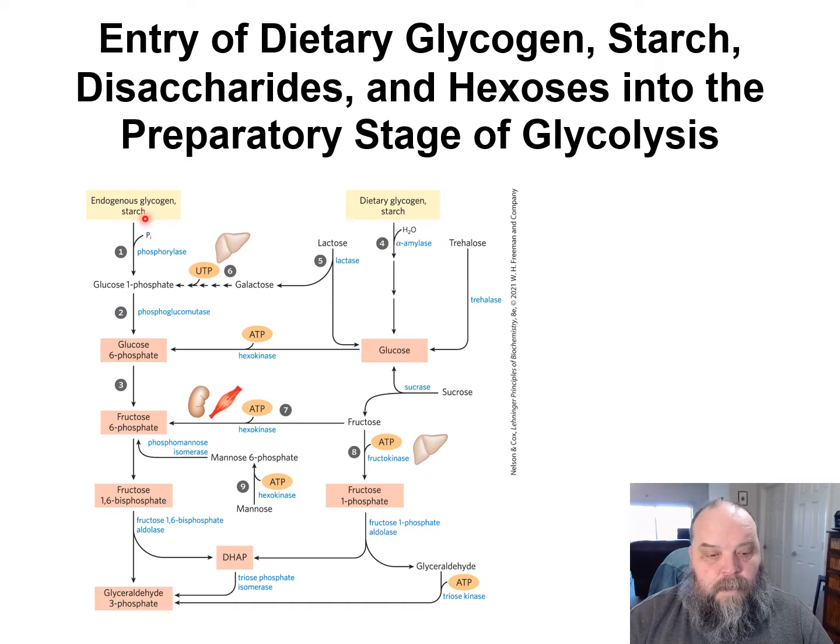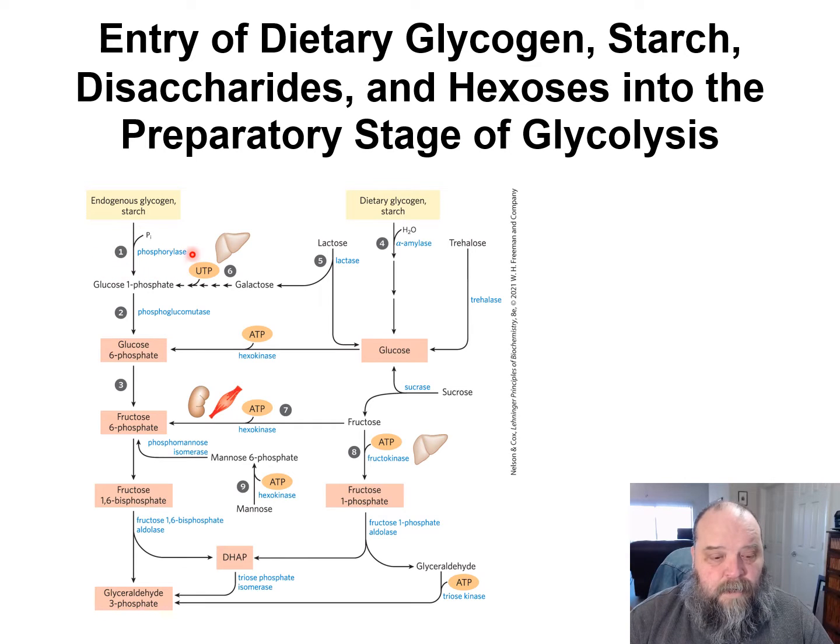Because you've got to remember glycogen and starches structurally are quite similar. They're just long polymers of glucoses. It's the glycosidic linkages holding them together, and what degree of branching, how they're branching, and things like that. That's going to be the main difference.